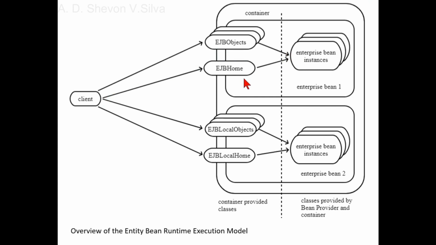Interface EJB home. The EJB home interface must be extended by all enterprise beans' remote home interfaces. An enterprise bean's remote home interface defines the methods that allow a remote client to create, find and remove enterprise bean objects.